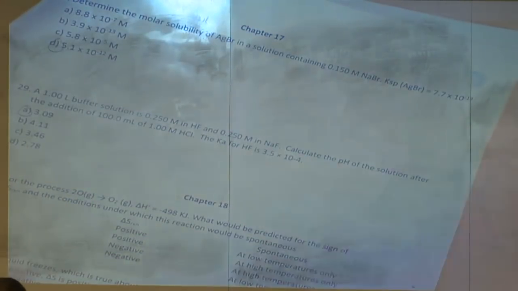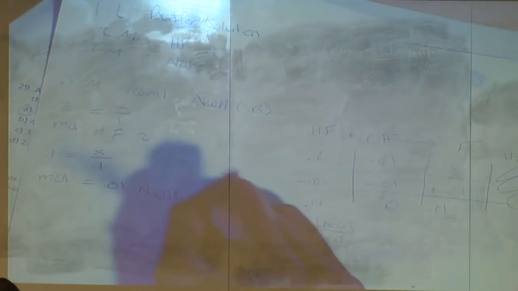The Ka for HF is 3.5 times 10 to the negative 4. Then plus log of the base.